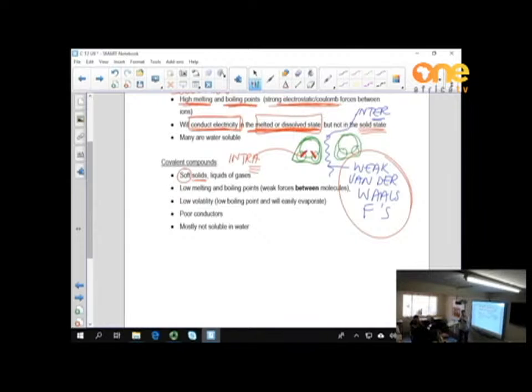Why doesn't it go to the liquid state? The forces holding those particles together are so weak that the moment the particles get enough energy, they can go and become a gas. So, if they are solids, they are soft solids. Usually any of the covalent compounds that we work with are liquids or gases. If we look at things like HCl, HCl is actually a gas.